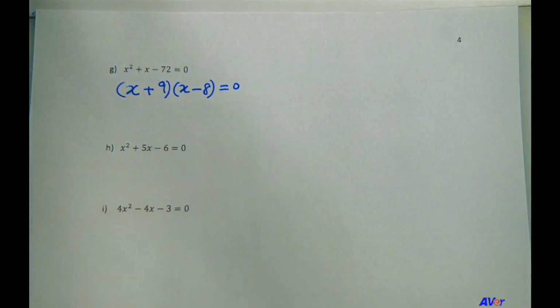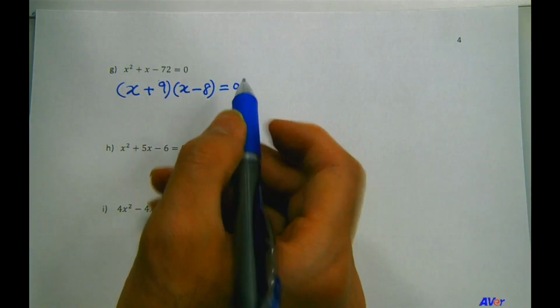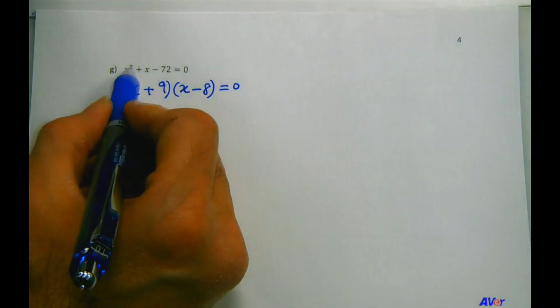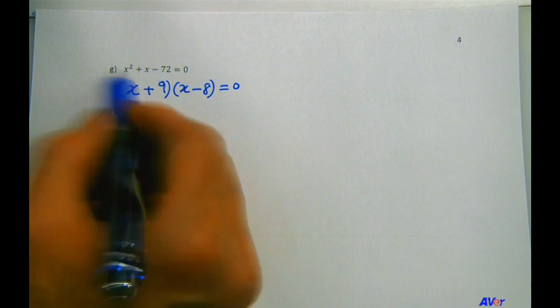We're going to apply the zero product property here to solve for x. And the power of x, which is 2, tells us how many solutions we can have. Right? We must have 2 solutions.